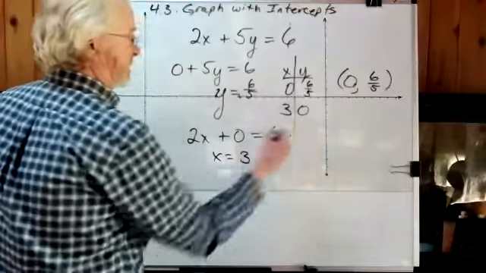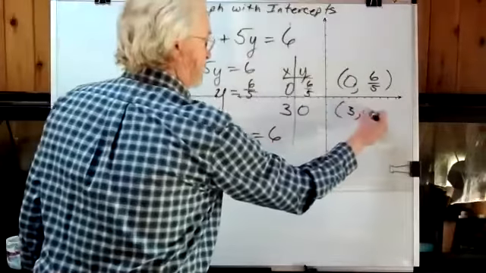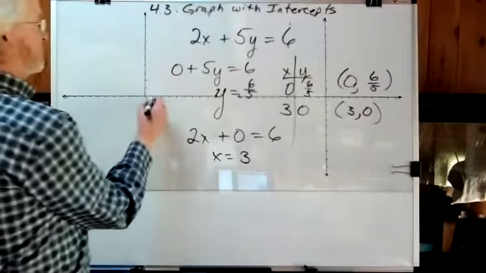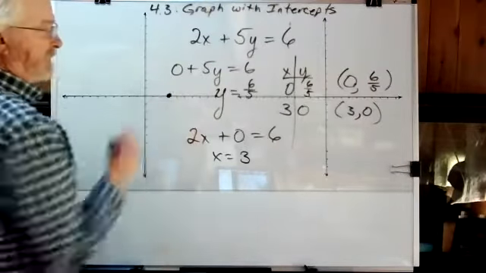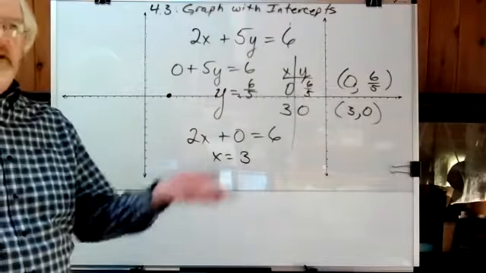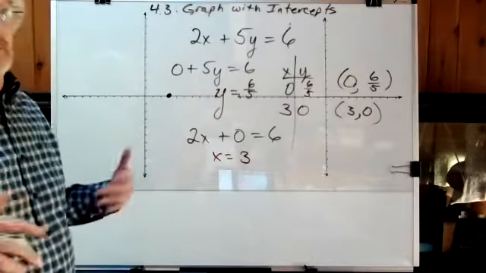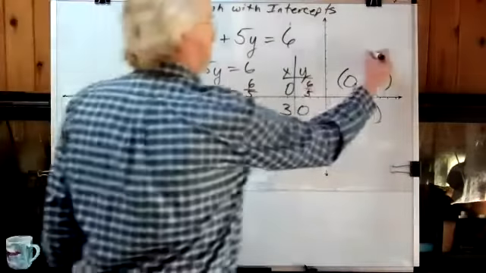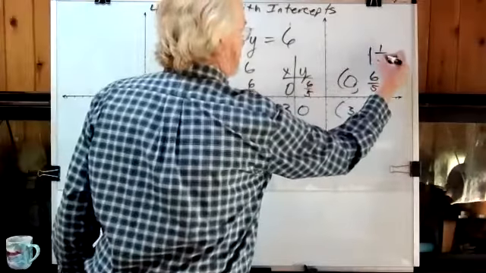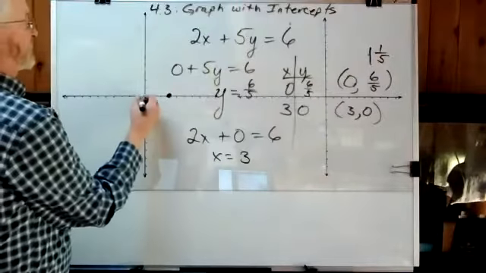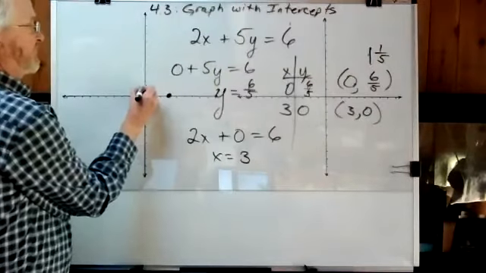So my x-intercept is nice numbers, (3, 0). My y-intercept, though, is up at 6/5. Here again, an improper fraction, more than 1, less than 2, right? 1 and 1/5. And 6/5, so I'll say that's kind of right about there.